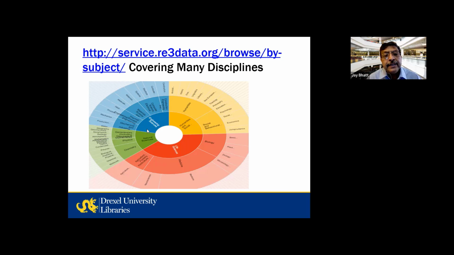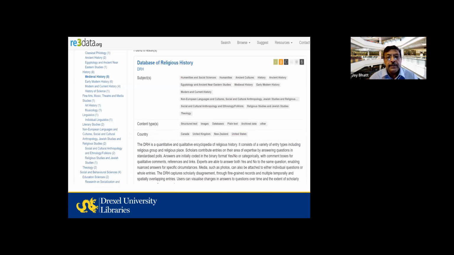If I look at the engineering and sciences section, you will see there is a whole group of material science data here that you can also explore. And if I go to humanities and social sciences and history, there's a lot of religious history data that you can find from a humanities and social science perspective.